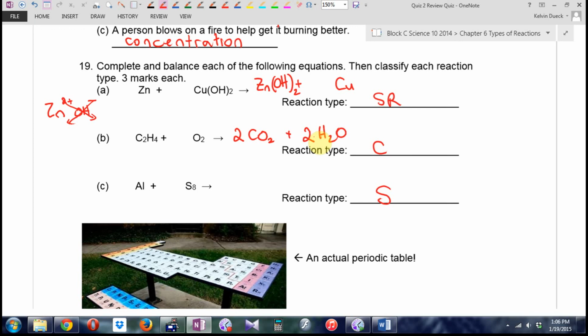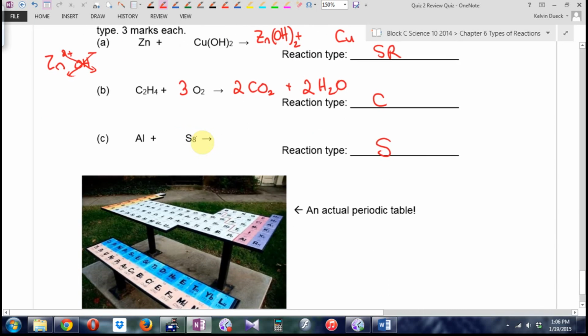What? I'm not. The oxygen on the left. Oxygen on the left? Oh, I'm sorry. I was only looking at this oxygen, 2. No, I have 4 plus 2, 6 oxygens, and so I'm going to need to put a 3 right there. Good gosh, that was a brain trip on my brain there. Stubbed my toe mentally.